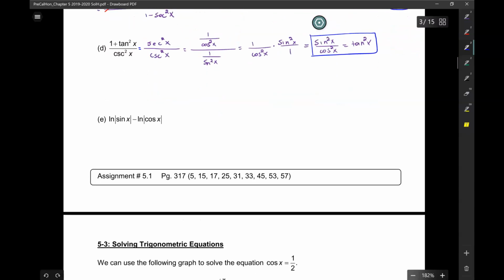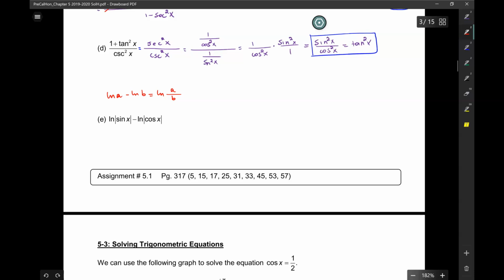Okay, in the case of the last one, here I have ln of something minus ln of something else. And in Algebra 2, you learn ln of A minus ln of B is equal to ln of A over B. So ln of a quantity minus ln of a second quantity is ln of the quotient.